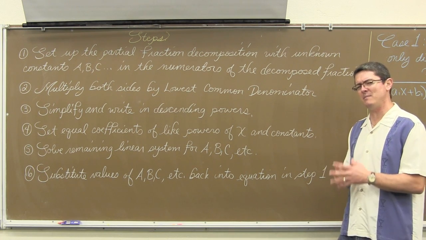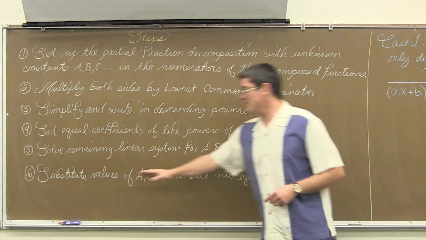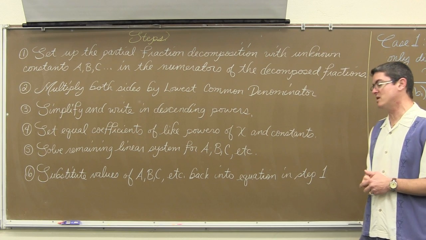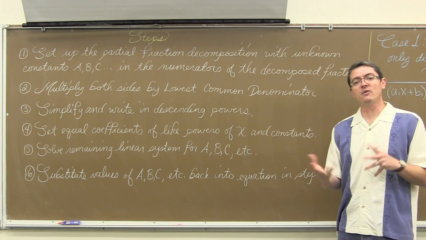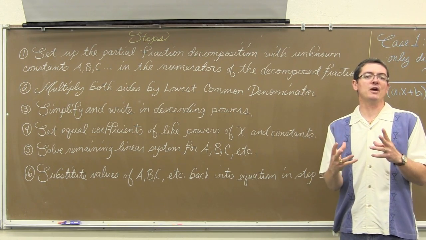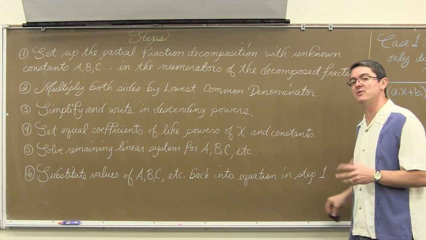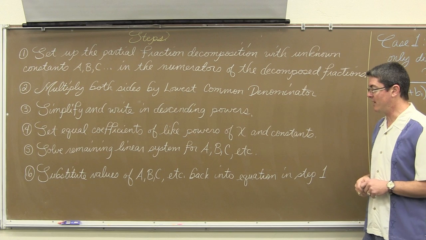That's why I said this video might be kind of long and probably going to be in 2 parts. And then we're going to substitute the values of a, b, c, and so on back into the equation that we set up in step 1, and in the end, hopefully, we'll have taken a somewhat complex algebraic fraction and broken it apart to find a couple of decomposed fractions of that original problem that we started off with.